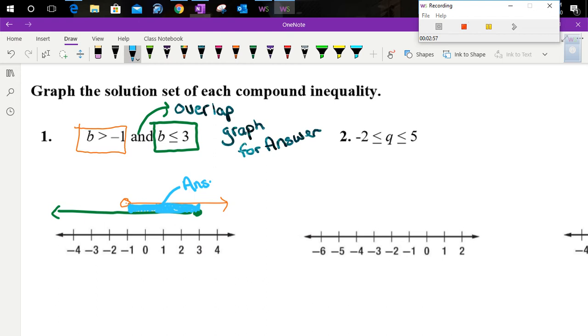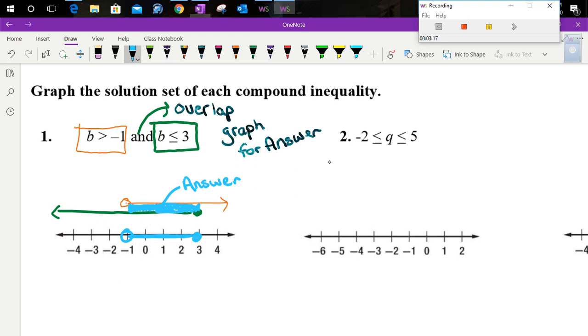So now we go down to our answer graph. We're going to put an open circle at -1. We're going to put a closed circle at +3. And then what we put on our answer graph is where they overlap. That's our answer, because it makes these two statements true.